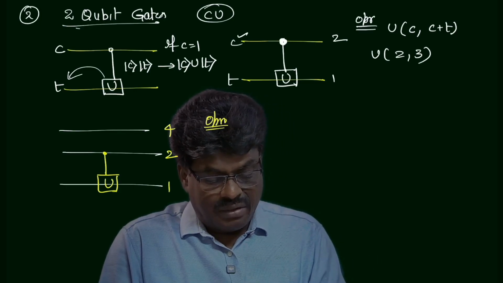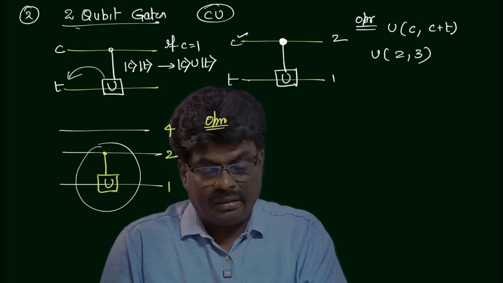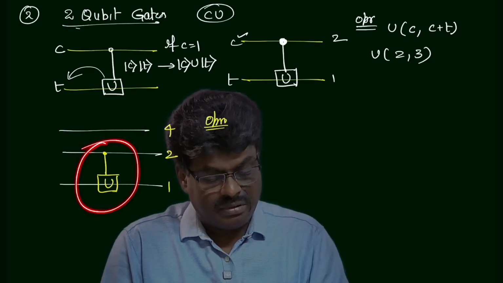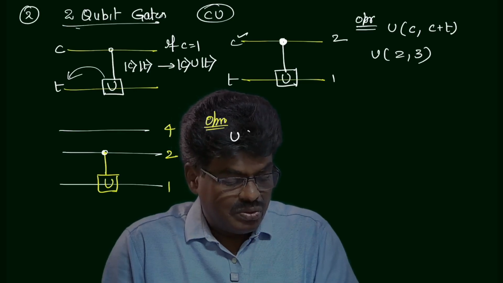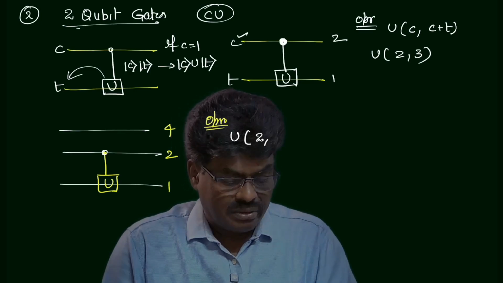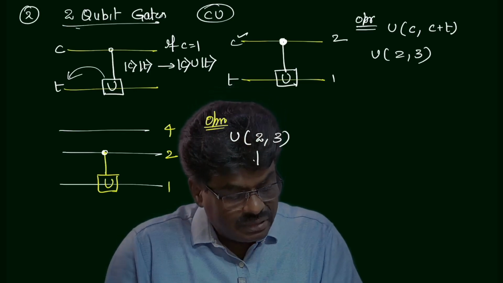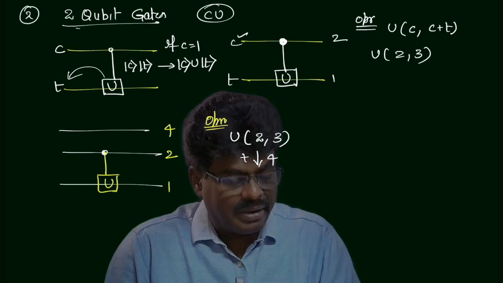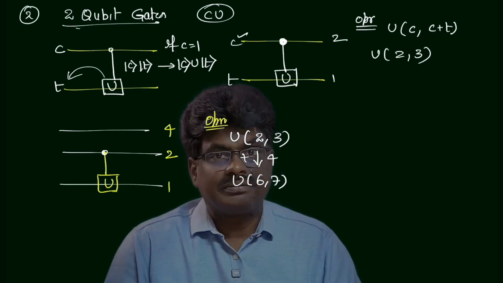Initially, where is this CU gate? Here we have it. So this is U of starting 2 ending 1, that's why 2 comma 2 plus 1, 3.